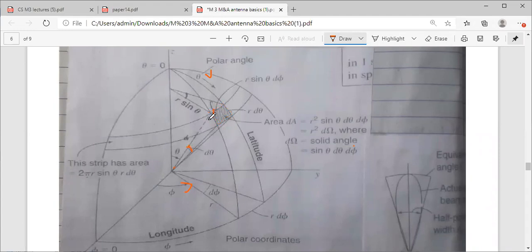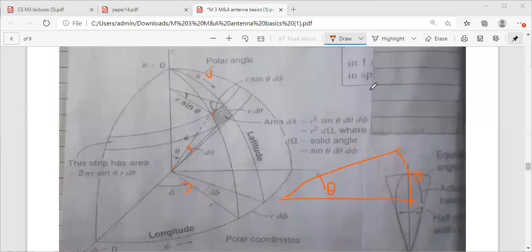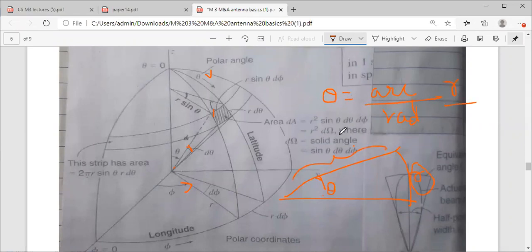Whenever we go for any arc calculation, suppose this is your arc, how will you calculate? What is the angle? Angle theta is equal to arc by radius. So arc is the angle times the radius; suppose I take the radius as r.